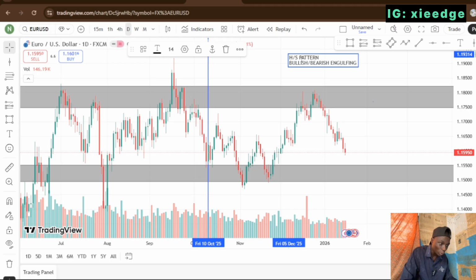And the last one is double bottom, double bottom slash double top.